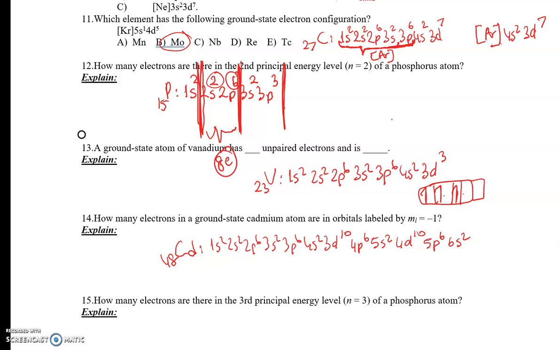Let me see how many total now. 10, 12, 18, 20, 36, 38, 48. Oh, that's a lot. I'm just going to stop here. So 2, 4, 6, 10, 12, 18, 20, 30, 36, 38, 48.